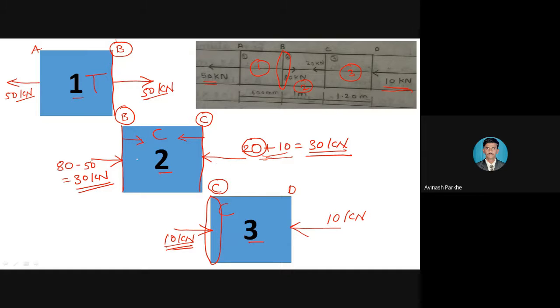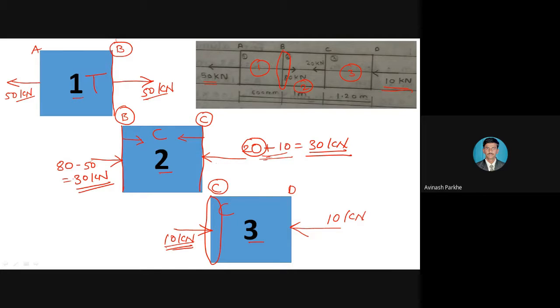Okay. Then at the another side, here if I will make addition, 80 plus 50, 130 kilonewton, 130 kilonewton we will get at the left side. At the another side 10 plus 20, 30 kilonewton. Again, your condition will not be satisfied.